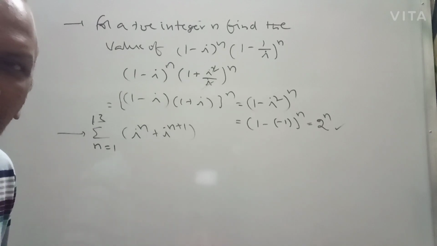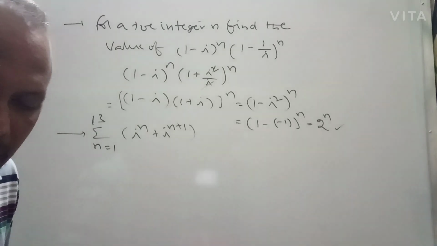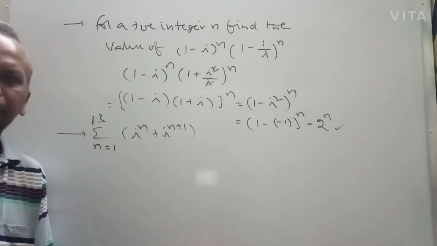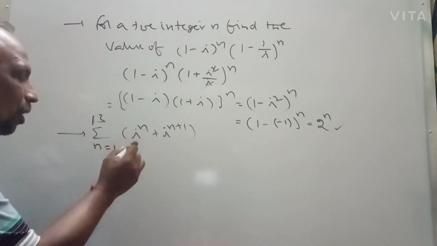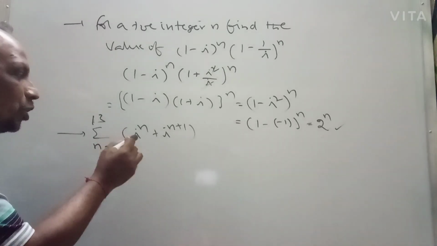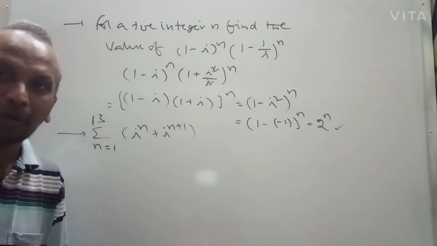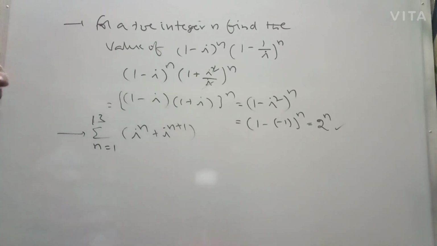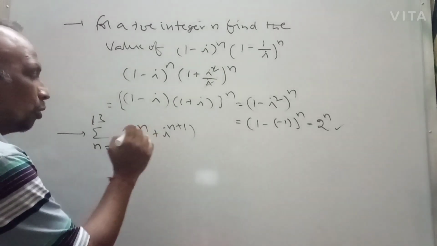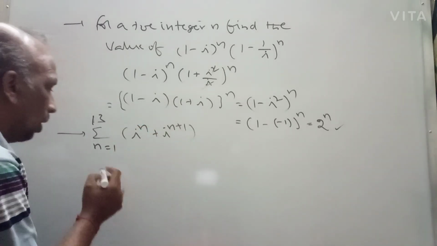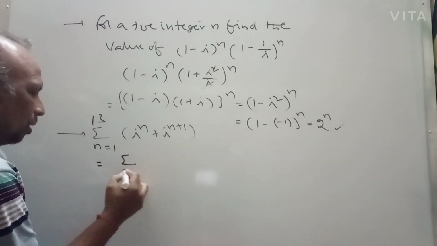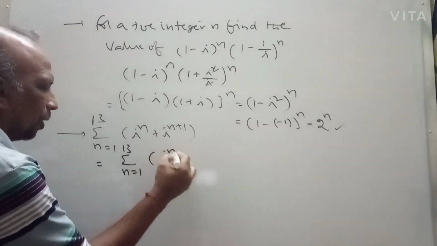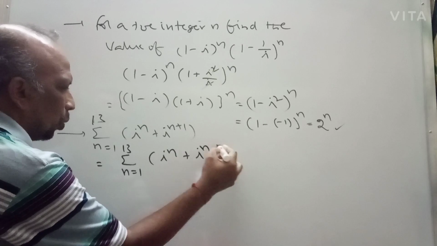When you consider this problem, you can see i power n plus 1. For n equal to 1 you will get i plus i square. Now if you observe this problem, what is the simple thing here? Before expanding the sigma, I can write sigma n is equal to 1 to 13 of i power n plus i power n into i.